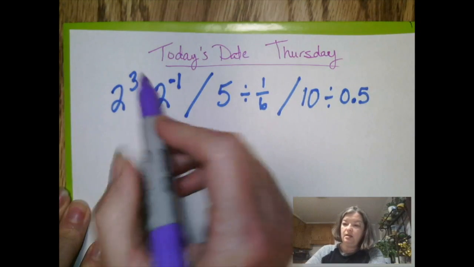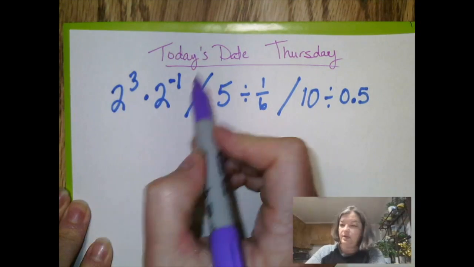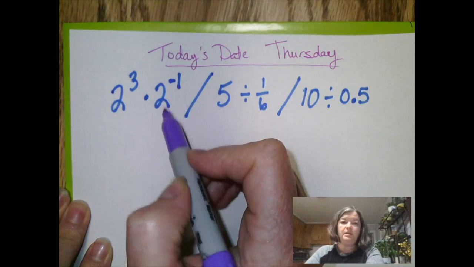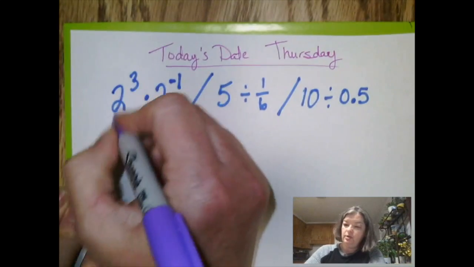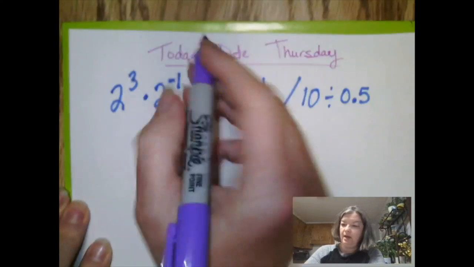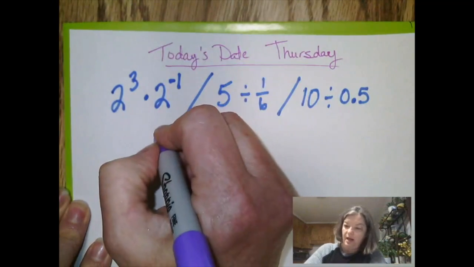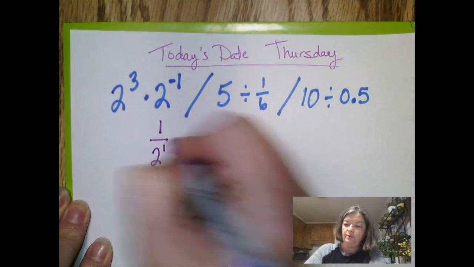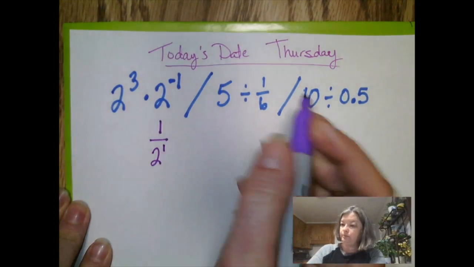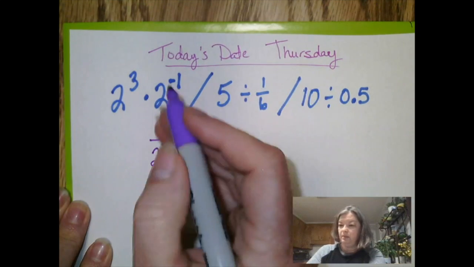So if this is representing whole values, this one is representing fractional values. So 2 to the 3rd would be written like that. 2 to the negative 1st is actually written as 1 over 2 to the 1st, or 1 over 2. So this might make a little bit more sense to you.